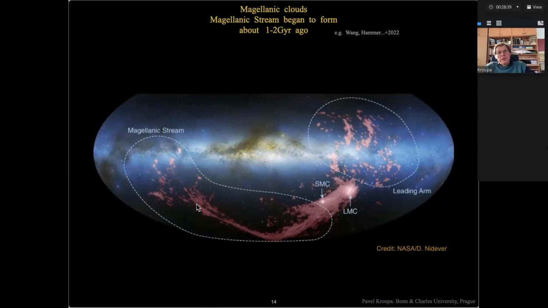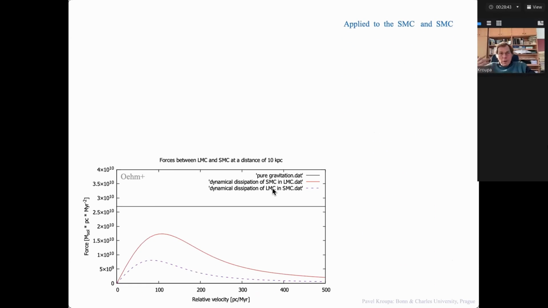Here we have the Magellanic Clouds orbiting the Milky Way, and we calculate their orbits, assuming they are in dark matter halos. Now, the calculations, which are in an upcoming publication, show this here is the gravitational attraction if the LMC is away from the SMC at 10 kiloparsecs.